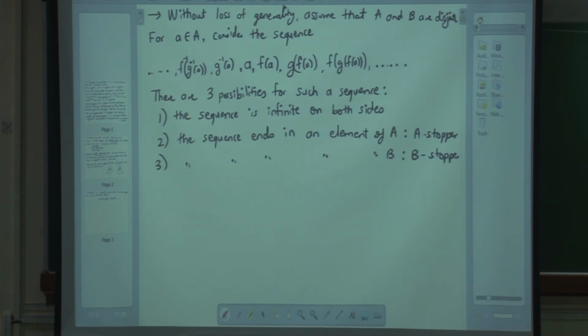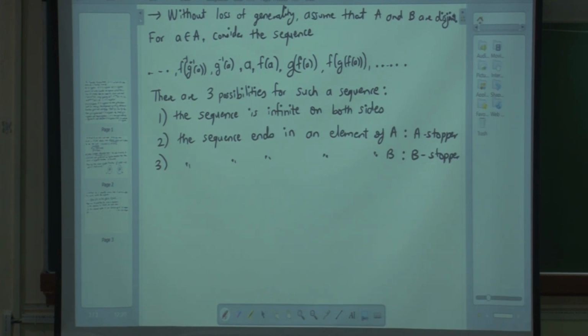But there are these two different types of sequences: the sequence ends in an element of A, or the sequence ends in an element of B. Now we have to make different choices, and this will be a piecewise choice for the function. But before we do that, first observe that every element lies in exactly one of these sequences.